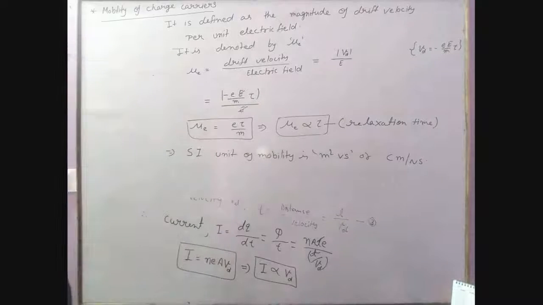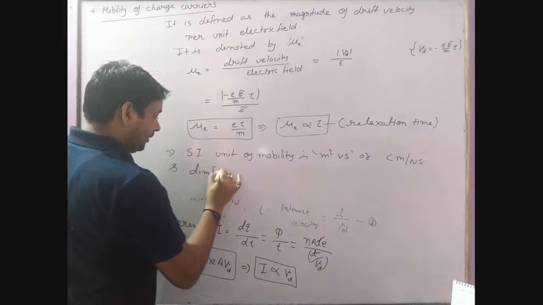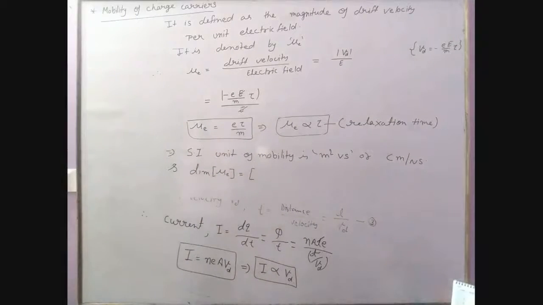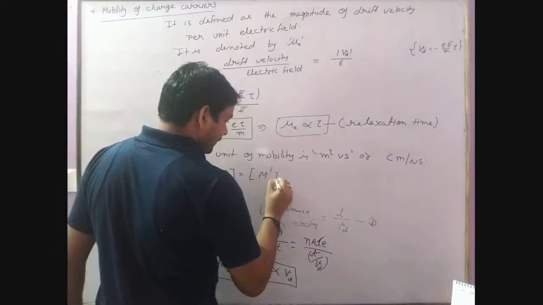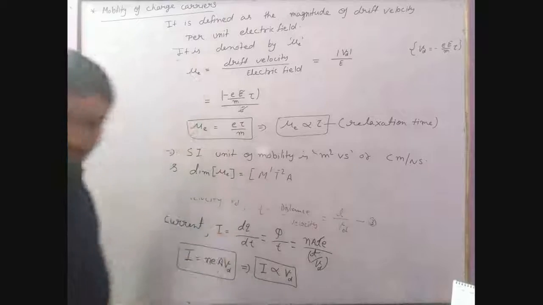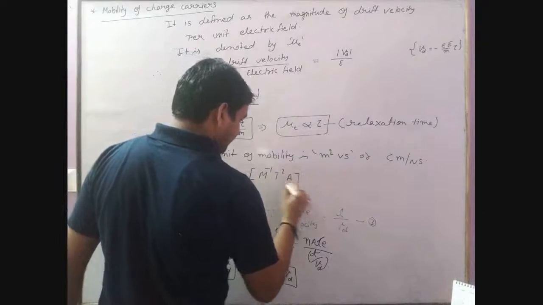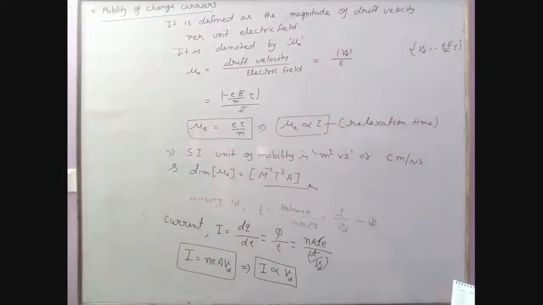And the dimensional formula for mobility is M minus 1 T2 A... This is the mobility of charge carrier and their relation.